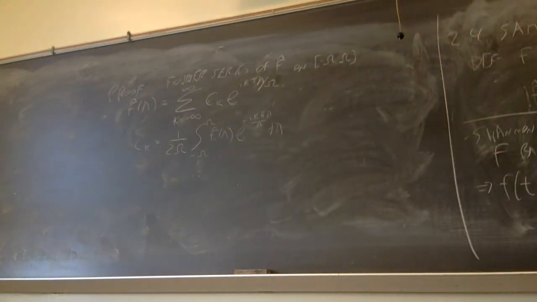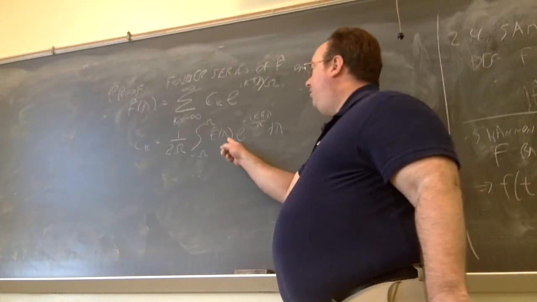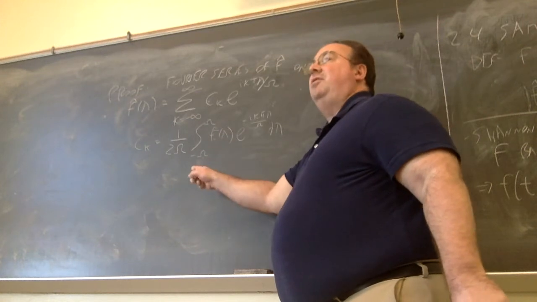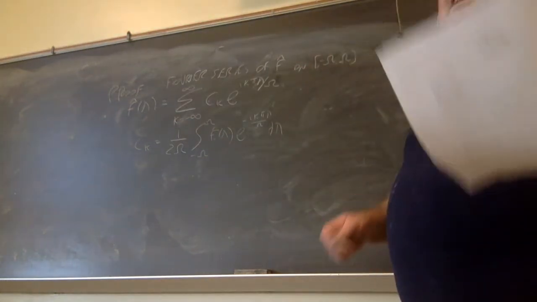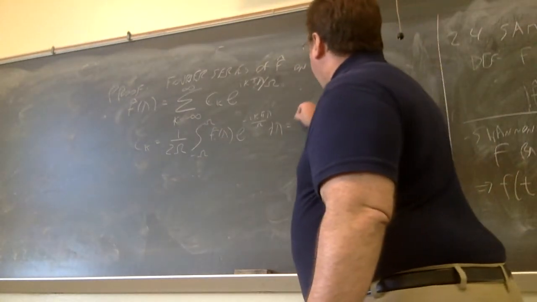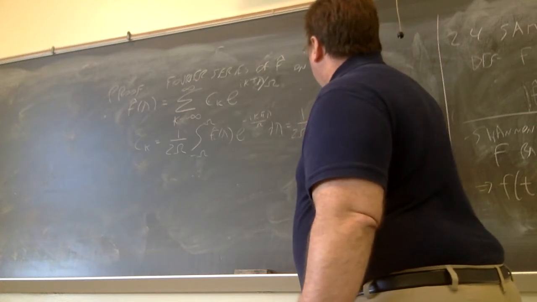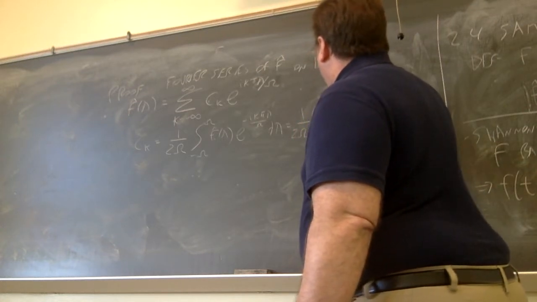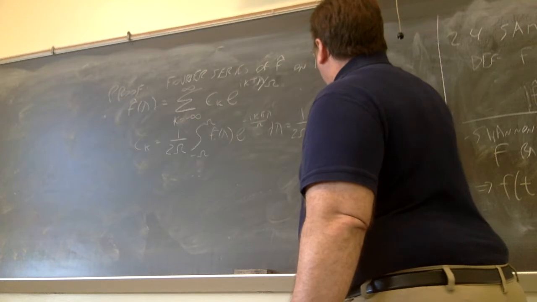Okay. Now, here's where the fact that f is band limited comes into play. This function is 0 outside of this interval, minus omega to omega. What that lets me do is extend this integral to the entire real number line.